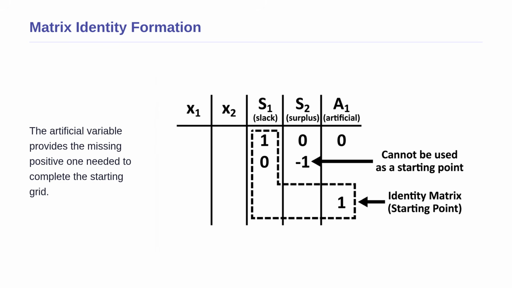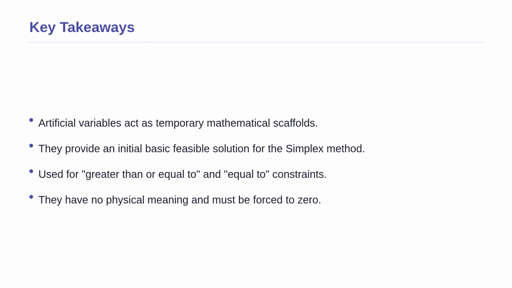This is where the artificial variable a1 steps in. It provides the missing positive 1 in the second row. Together, the 1 from s1 and the 1 from a1 form a perfect diagonal identity matrix, giving the simplex method its required starting grid.